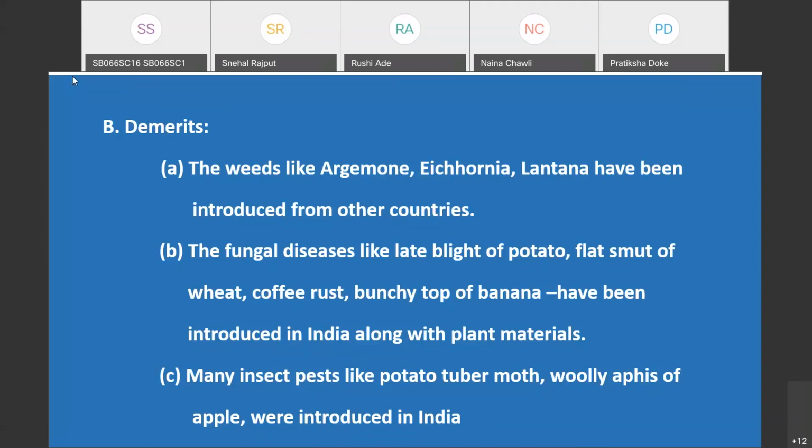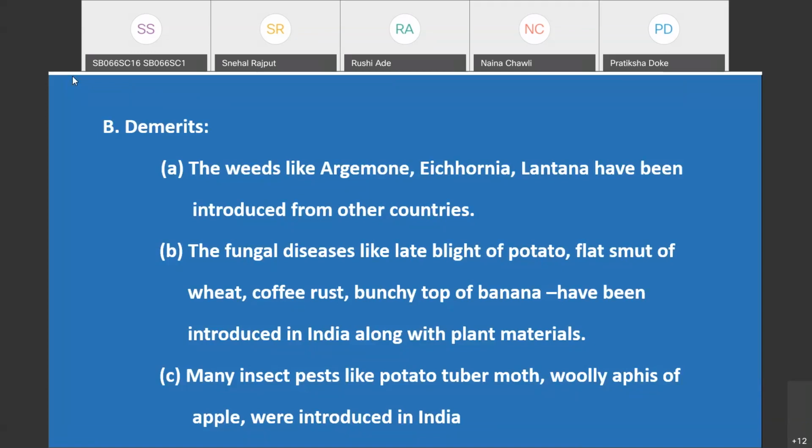Later on it is distributed to plant breeders. That's why, as nowadays the plant protection laws are strictly followed, it becomes very difficult for new diseases, insects or pests to be introduced along with the plant material.